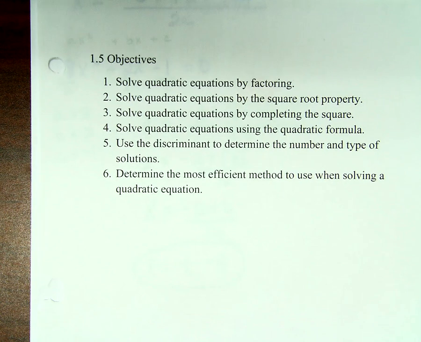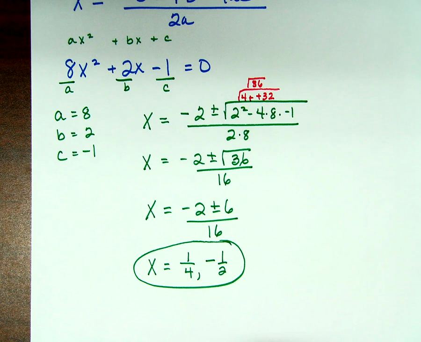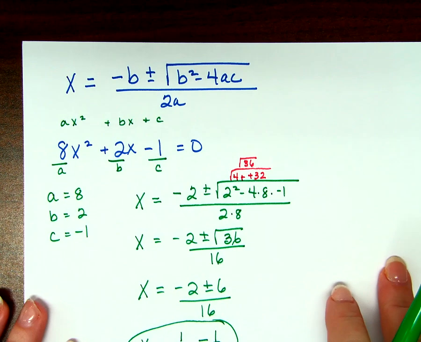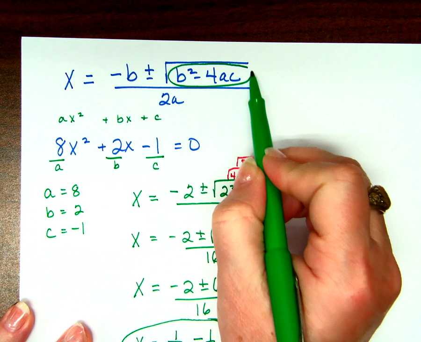The second to last thing it asks me to do is to use the discriminant to determine the number and types of solutions. Do you remember what the discriminant is, first of all? The discriminant is right here.